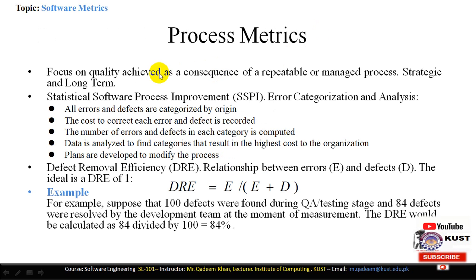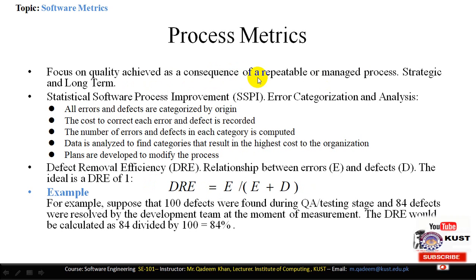So process metrics has many examples. Basically, process metrics focus on the quality achieved as a consequence. The process metrics provide quality achievements, and this is a consequence of the repeatable or managed process.